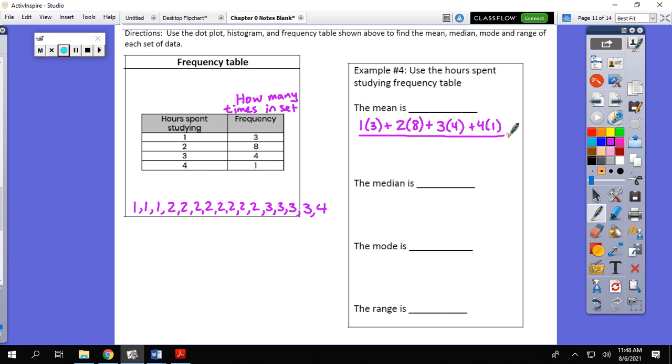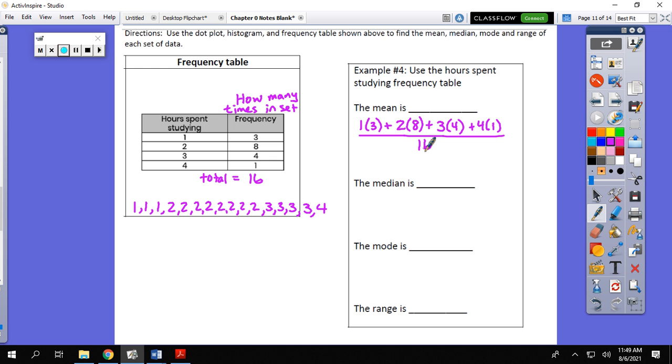And then we divide that by the total of the frequency column. Add these up. That is 16 total numbers in the data set. 1, 2, 3, 4, 5, 6, 7, 8, 9, 10, 11, 12, 13, 14, 15, 16.